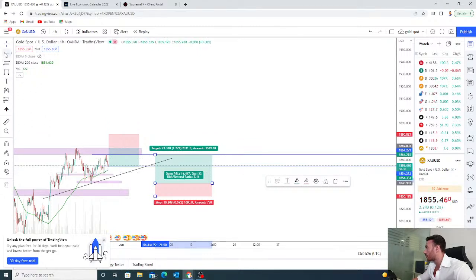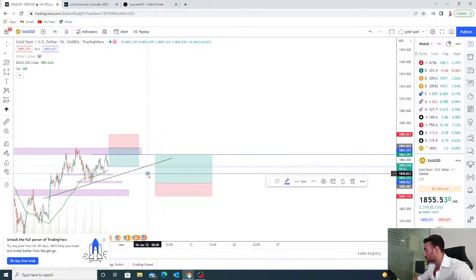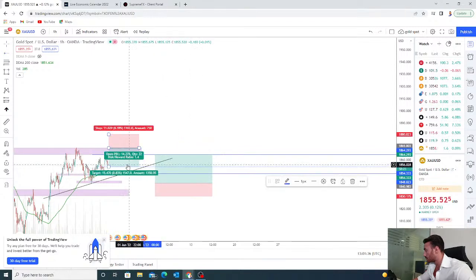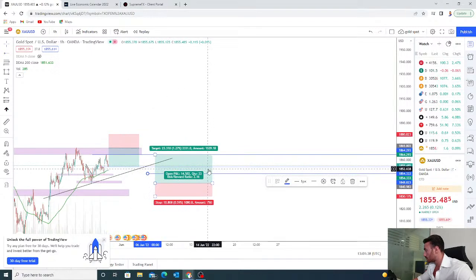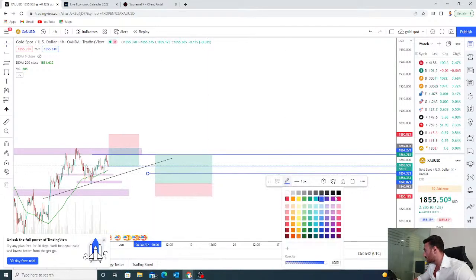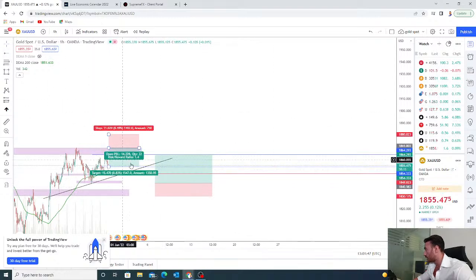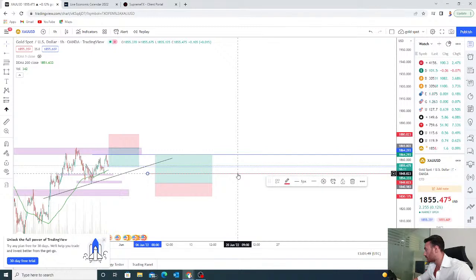I will draw my first ray. I'll make this a different color. I'll make it red, and I'll draw another one so that we don't confuse.